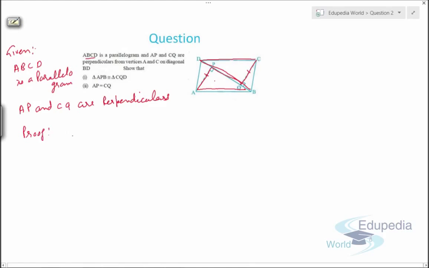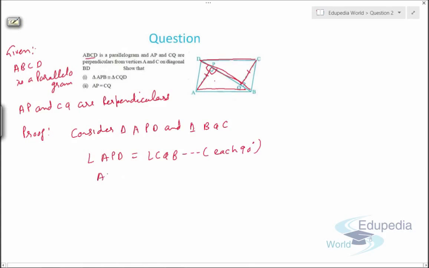Now consider triangle APD and triangle BQC. In these triangles, if this is 90, this also will be 90. So we can say that angle APD equals angle CQB, each 90 degrees, and then AD equals BC.